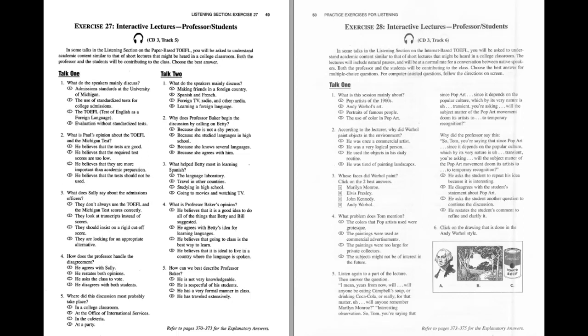Three, what does Sally say about the admissions officers? Four, how does the professor handle the disagreement? Five, where did this discussion most probably take place?